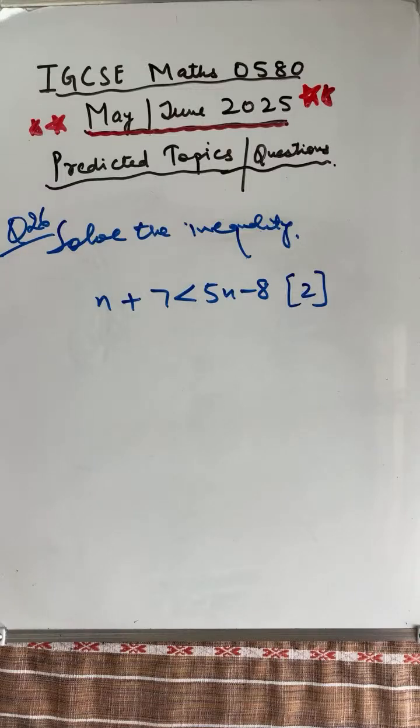Solve this inequality. n plus 7 is less than 5n minus 8. Okay, has anybody solved this question?